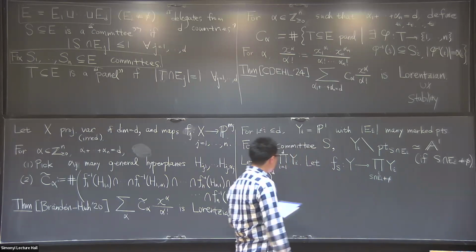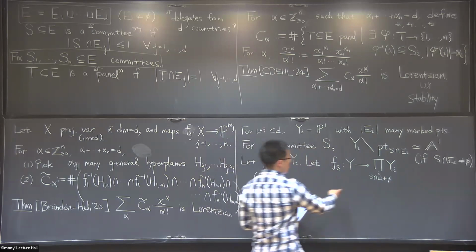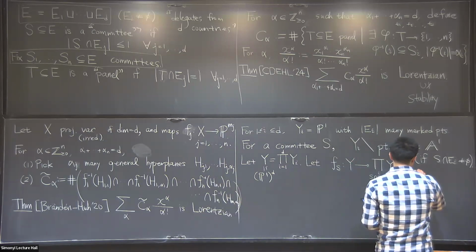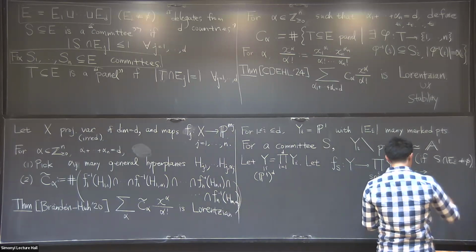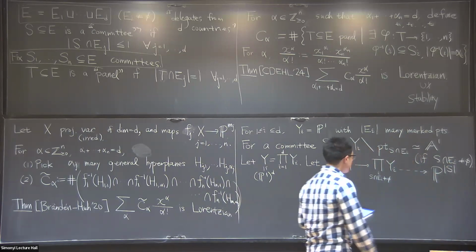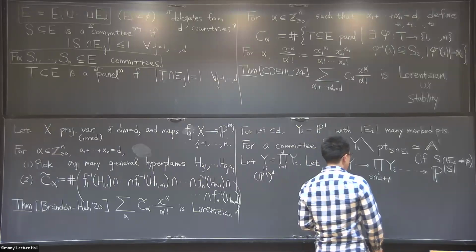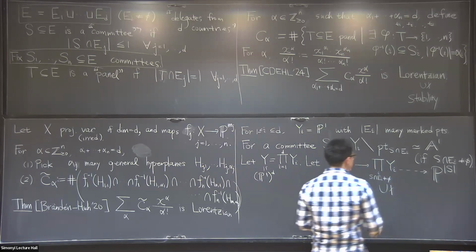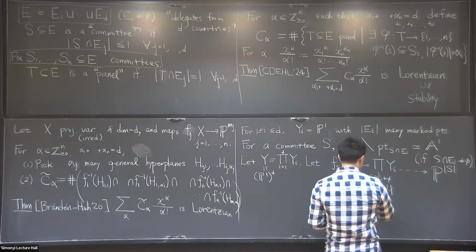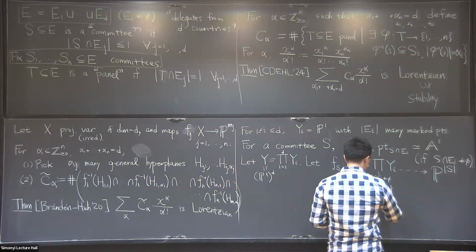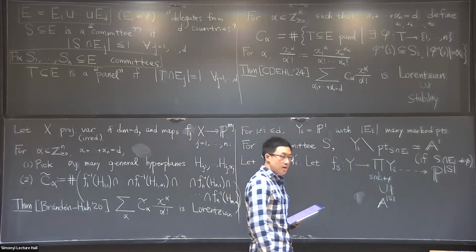Okay, so I have a bunch of products of P1s where S actually intersects E sub i. And then there is the rational map to projective space of dimension the cardinality of S. And what is this map? Well, inside here, I claim that I have A to the cardinality of S. How?